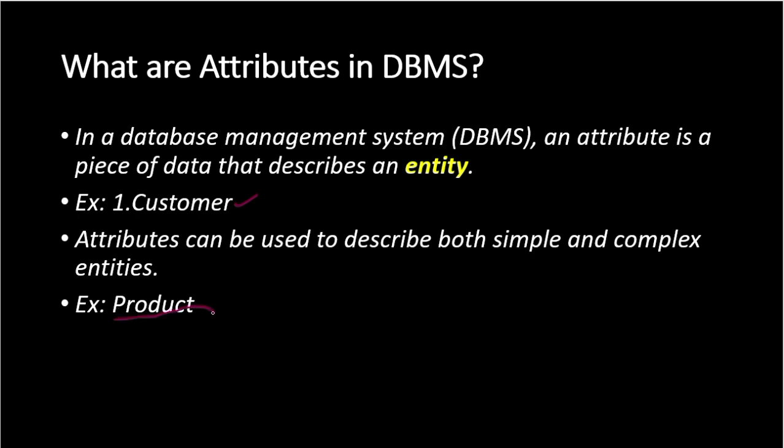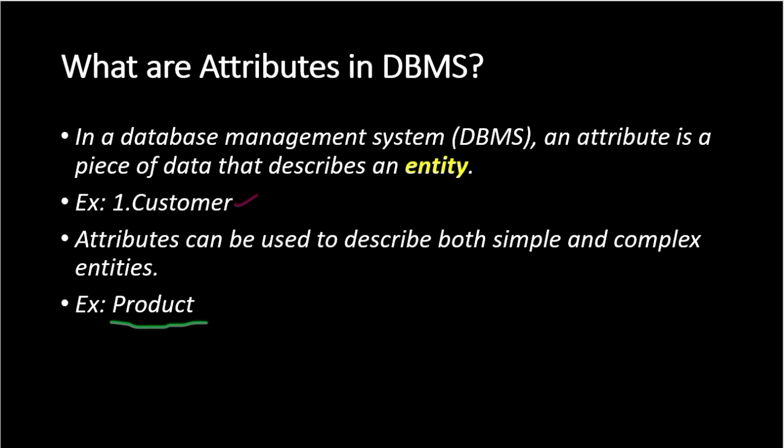Here I have written another example, a product. If you take a product as a simple entity, for any product there will be one name, it may have a price, and there will be a date of manufacture.